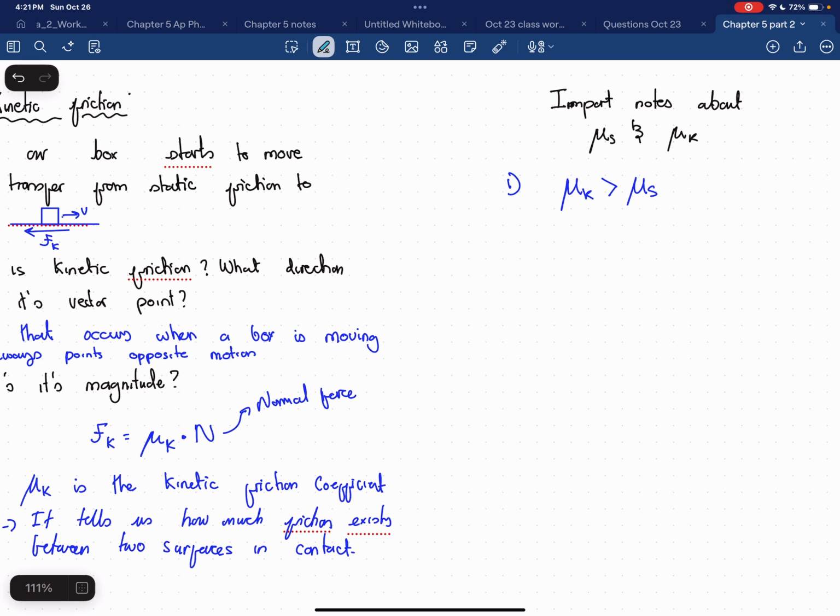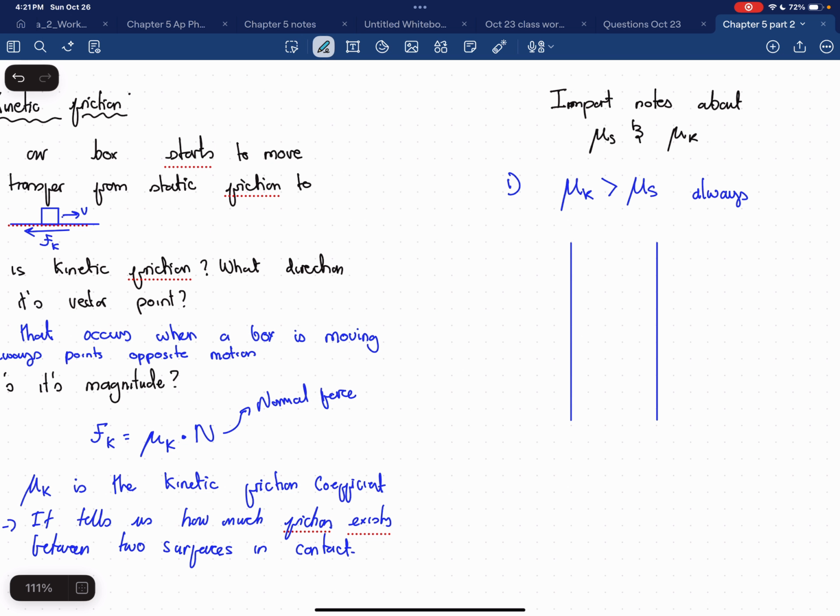Because of that, mu sub k is always less than mu sub s. And remember, we're talking about friction between two surfaces.